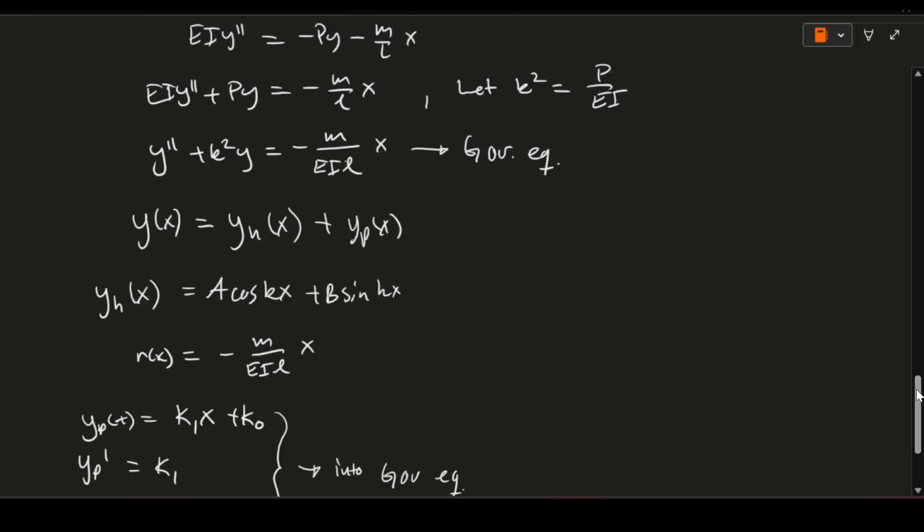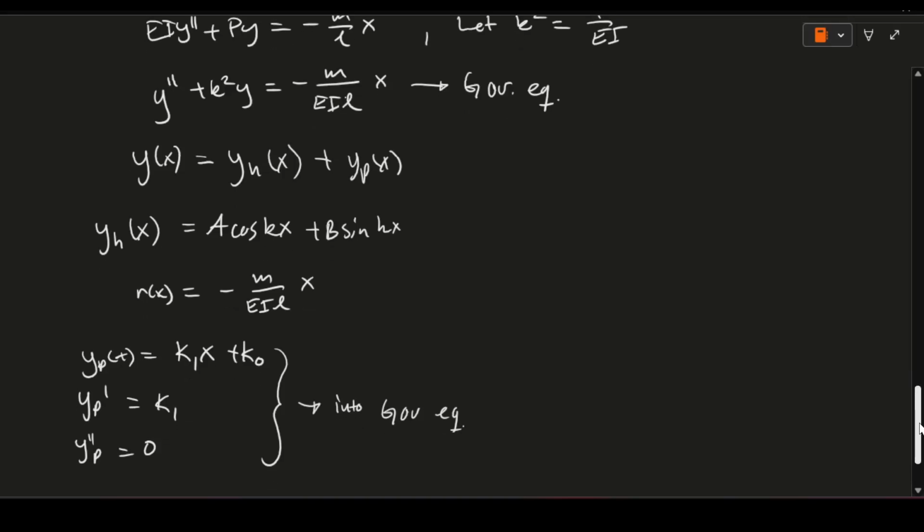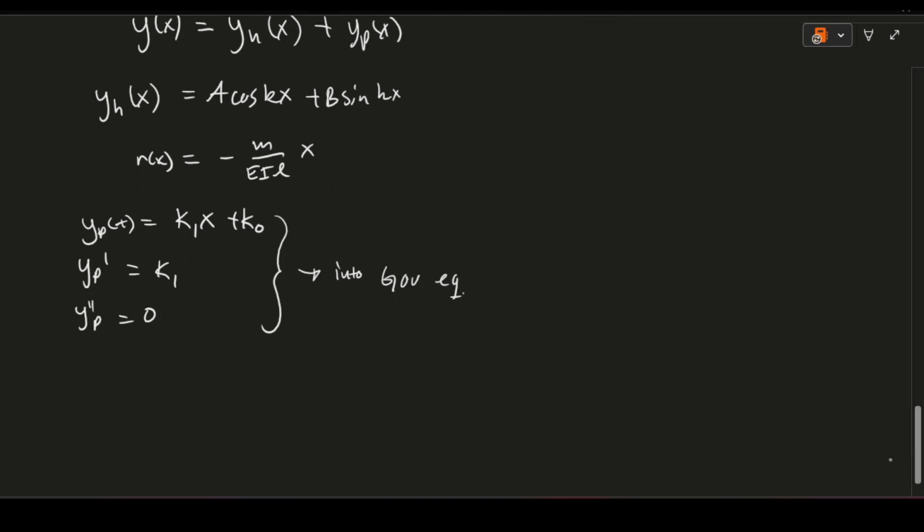The governing equation was y double prime plus k squared y equals minus M over EIL times x. So we get 0 plus k squared times k1x plus k0 equal to minus M over EIL times x.